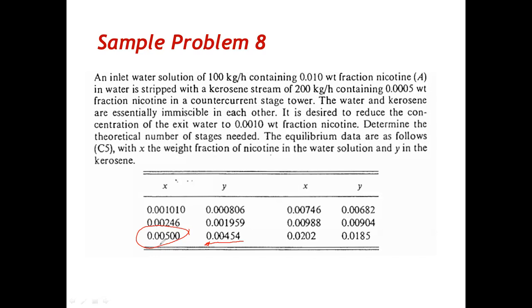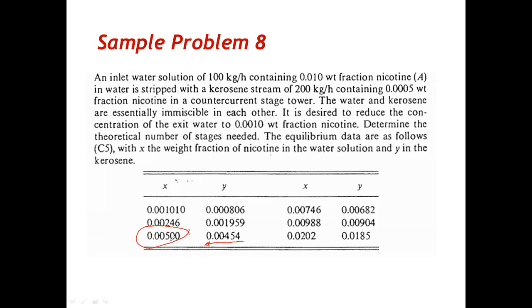It need not be, for example, an extract and raffinate, because we know extract is already the last part and raffinate is also the last part. But what I mean is, this is the equilibrium concentration in the, shall I say, solvent-rich layer, and this one for the water-rich layer, because we cannot use extract and raffinate, as the two are already referring to the end streams for our multi-stage process.